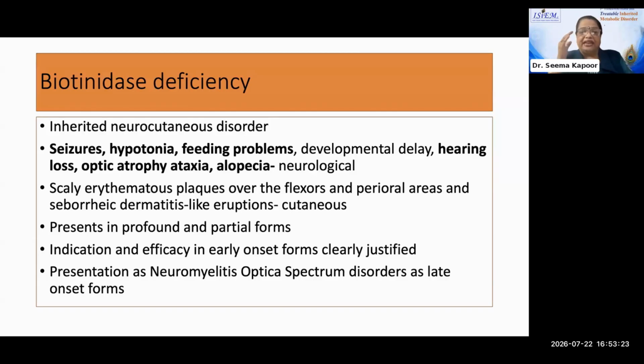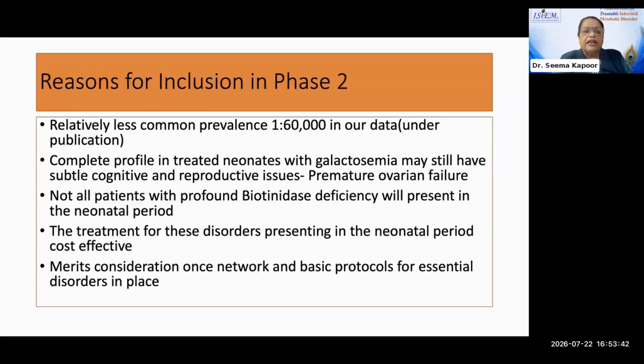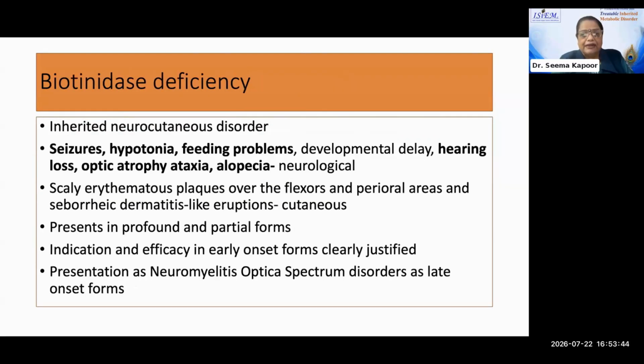The other point is that it can be profound, less than 1% activity, or partial, between 1 and 30% activity. Now, what should we do? Is it only the profound ones that we treat and leave the partial forms? What happens if you look at the early onset ones?